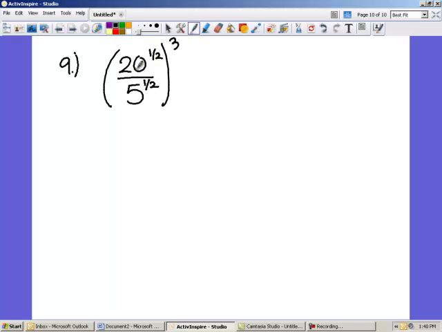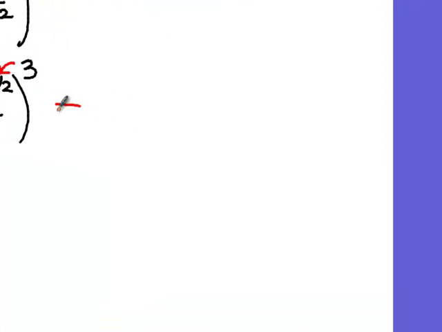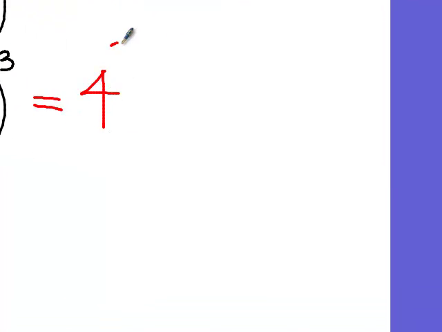So we're going to take 20 and divide it by 5 so that we just have one number in there. And then we're going to multiply the 3 by the half. So we have 4 raised to 3 halves. Now this one is a little different because if you were to punch in your calculator, 4 raised to parenthesis 3 divided by 2 parenthesis, I actually get an answer of an 8.